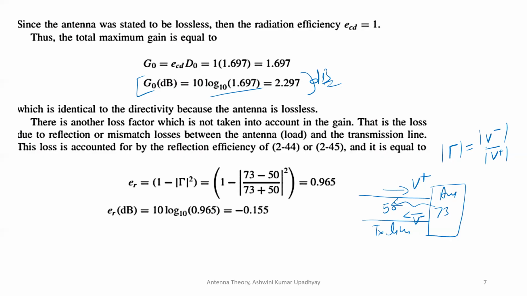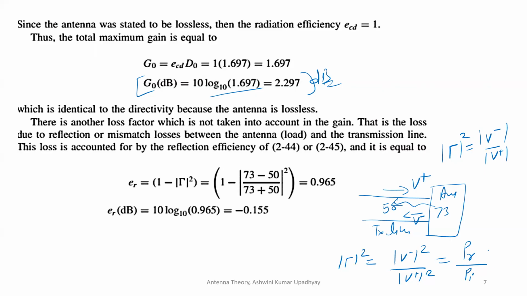So what happens if I take the square of this quantity? I will get magnitude of V minus square divided by magnitude of V plus square. So can I call the square of reflected voltage as reflected power, and the square of positive voltage V plus as incident power, PR upon PI?